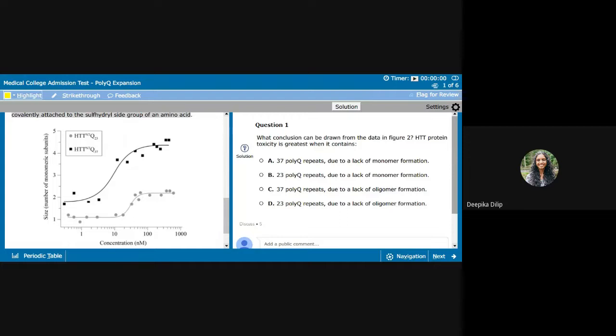So we preferably don't want monomers, so a lack of monomer. My hunch is it's either A or B. Then the greatest one, 37 at the lowest concentration. It already had a dimer, so I'm going to guess it's that.